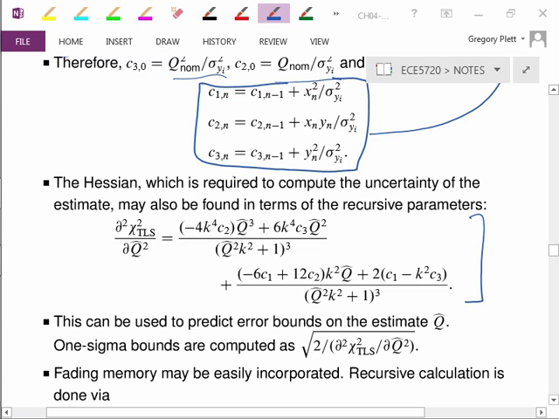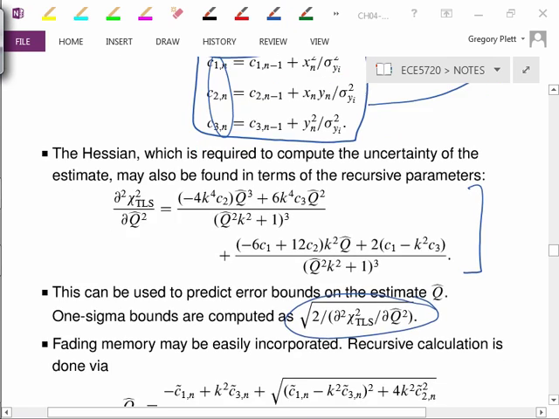I can compute it directly from just 3 numbers. I update the 3 numbers, I recompute the Hessian, and that gives me my error bounds. The 1 sigma bounds are the square root of 2 divided by this Hessian computation. All right, well, that's nice.